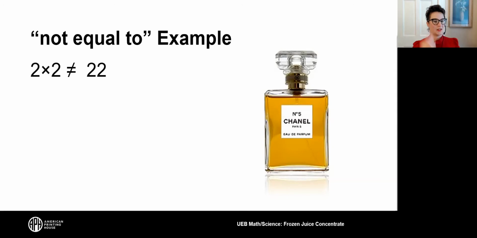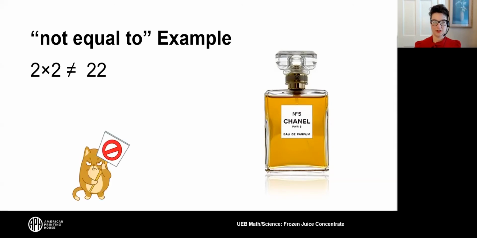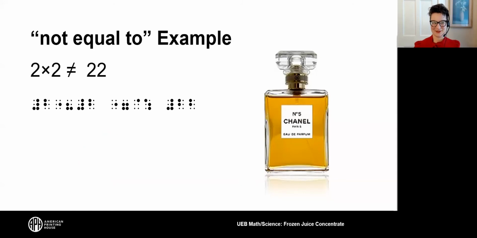And we're going to use our 4 cells for is not equal to in order to say, hey, here's the equals, and then there's a line through. That's how it's constructed. Our 4 cells for is not equal to are dot 5, dots 2, 3, 5, 6. That's just the equals. And then our line through is dot 4, dots 1, 5, 6.